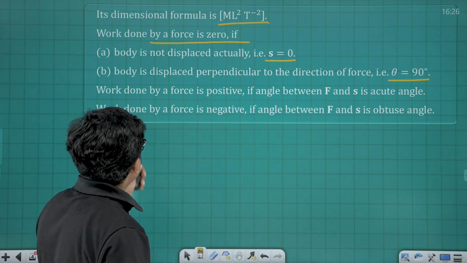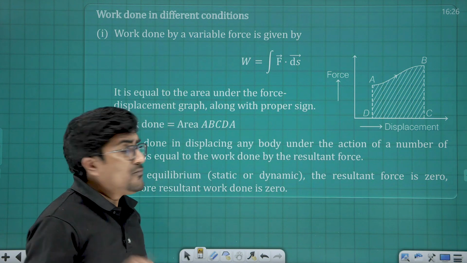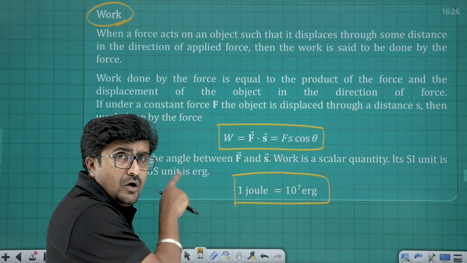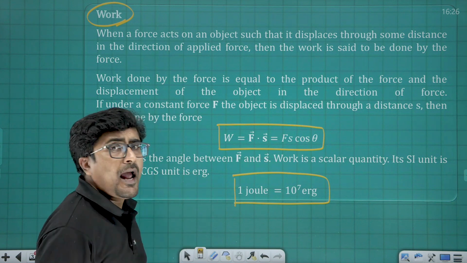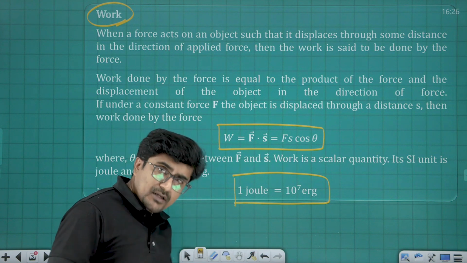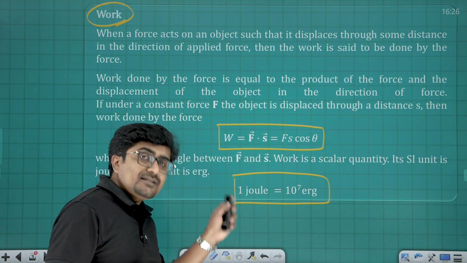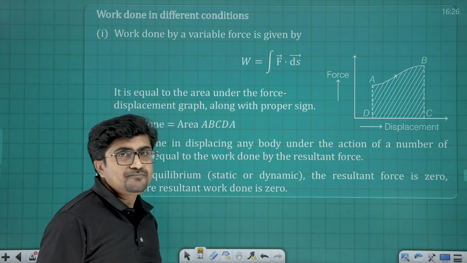Okay, in the next slide we need to talk about work done by a variable force. So here I told you force was constant and displacement was S, and there was a constant angle theta between F and S. But here the case is that force is not constant.